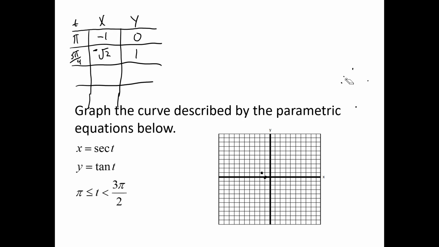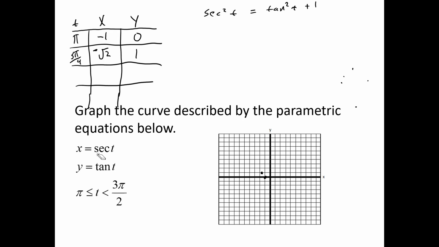So it's kind of hard to see that. Okay, so again, we could better make a description of what's going on here by eliminating the parameter. And so to eliminate the parameter, we can use the fact that the secant squared is equal to the tangent squared plus 1.